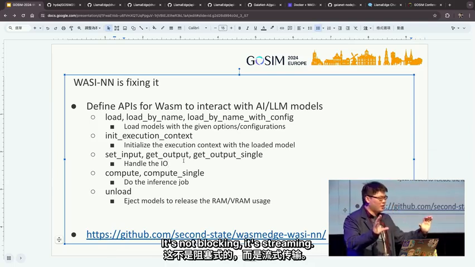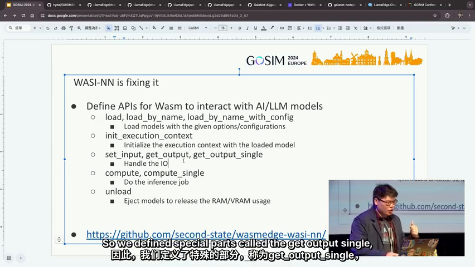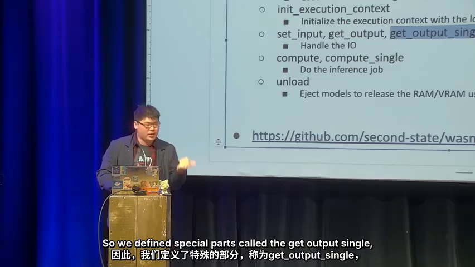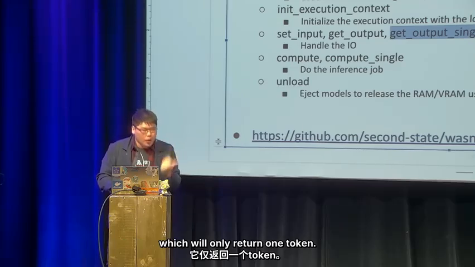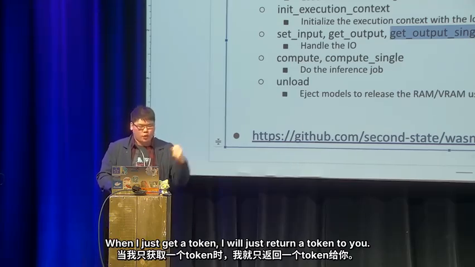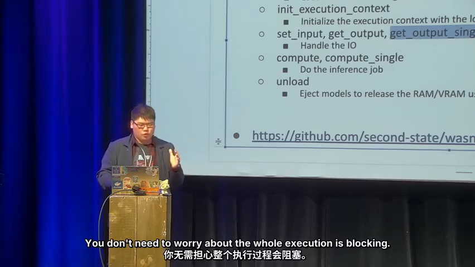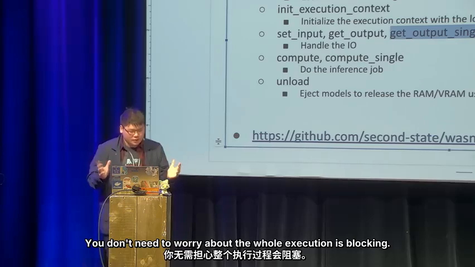It's not blocking, it's streaming, right? So we defined a special function called get output single, which will only return one token. When I just get a token, I will just return a token to you. You don't need to worry about the whole execution blocking.